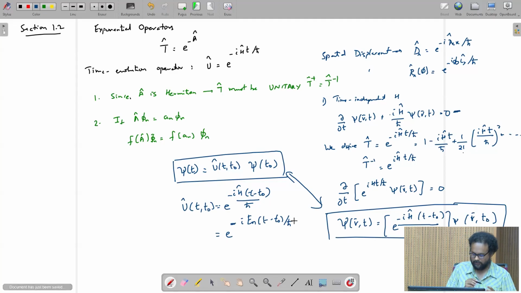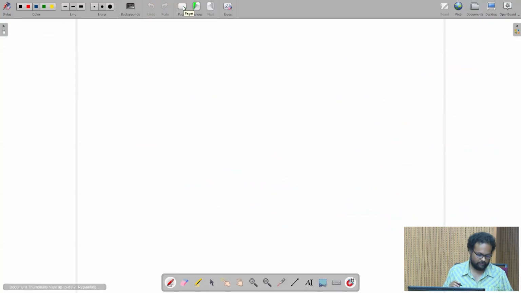This is all good, but for us, we don't have time independent Hamiltonians. We are dealing with time dependent Hamiltonians, particularly in spectroscopy. So we have to figure out a way to estimate my time evolution operator in the case where my Hamiltonian is time dependent.